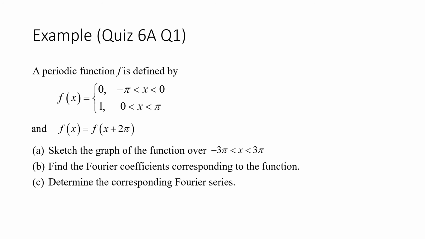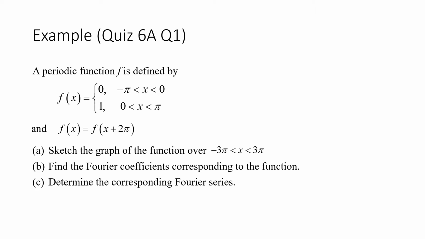Let us try this example from quiz 6A question number 1. A periodic function f is defined by this function, where f(x) is equal to 0 on the interval between negative pi and 0, and f(x) is equal to 1 on the interval between 0 and pi.